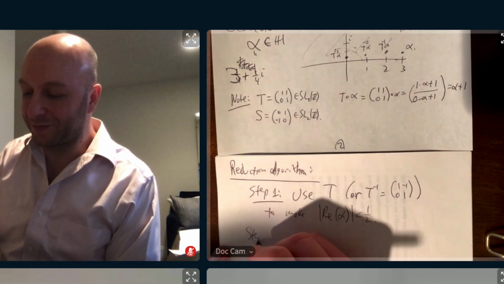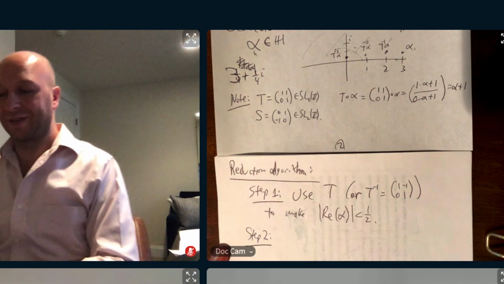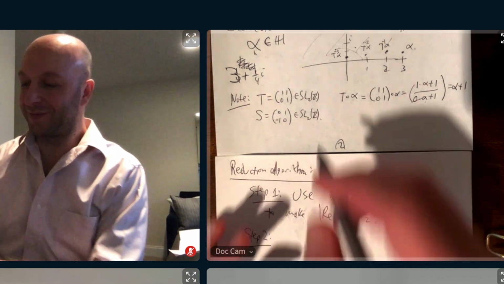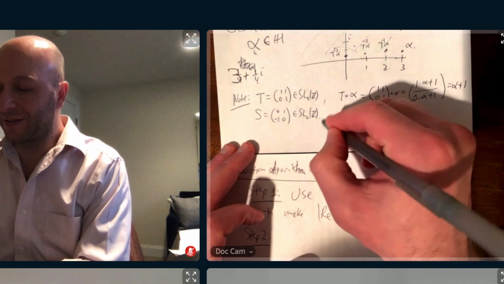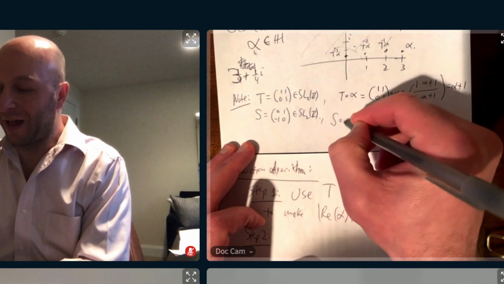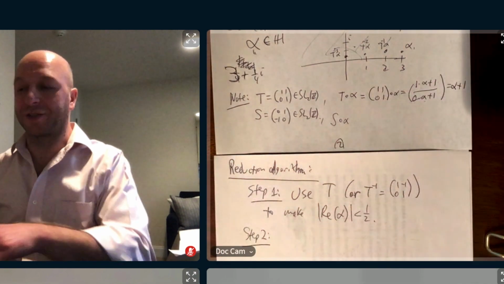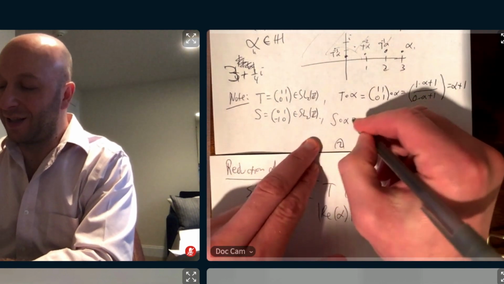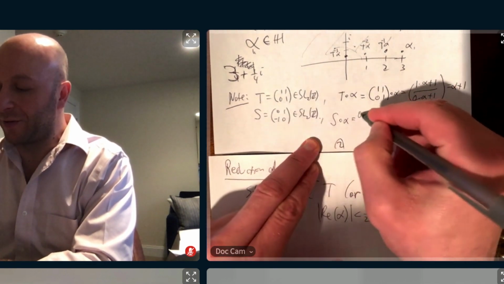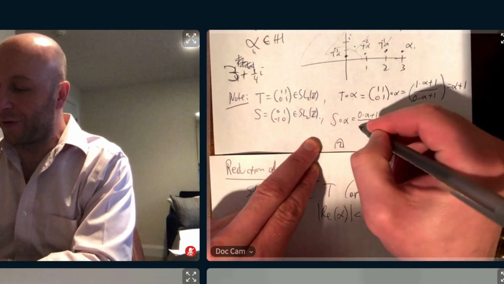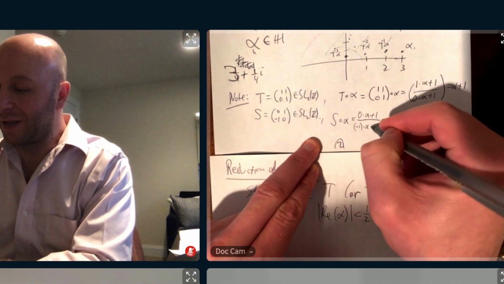Step 2. What does S do? Let's work out what S does. The fractional linear transformation of S on alpha is 0 times alpha plus 1 over -1 times alpha plus 0.